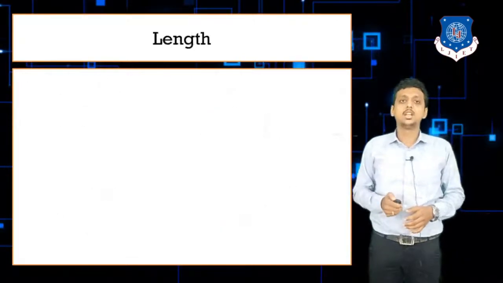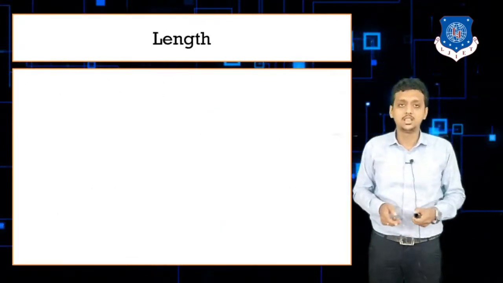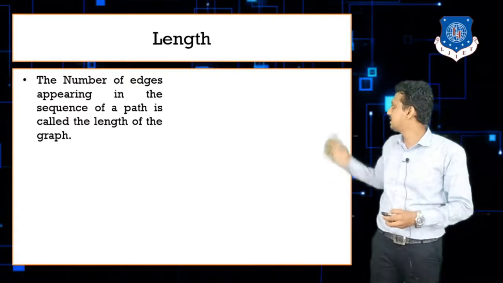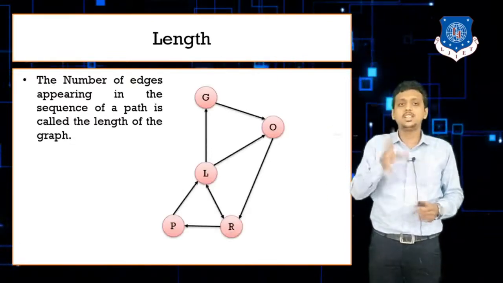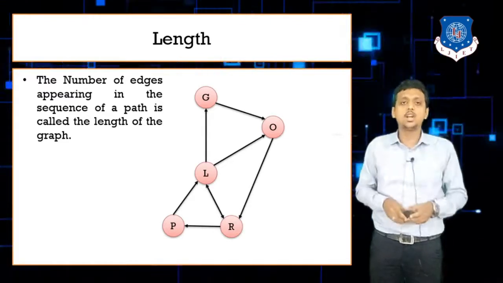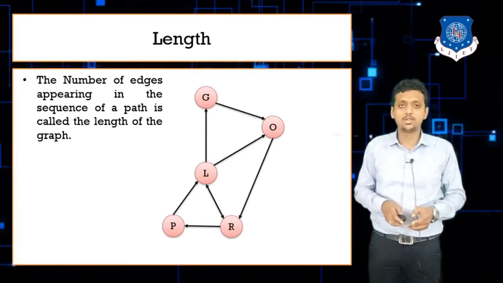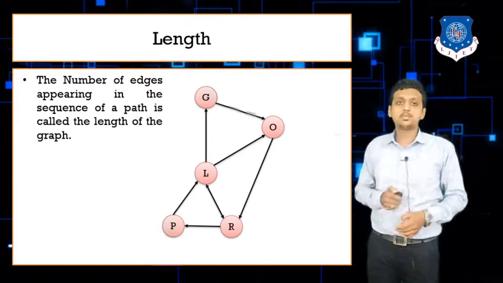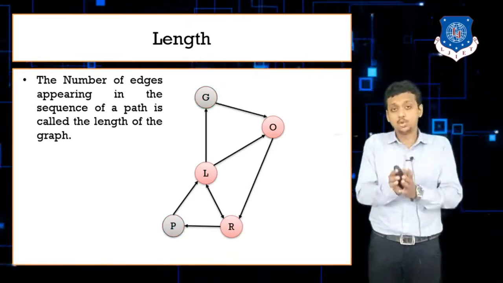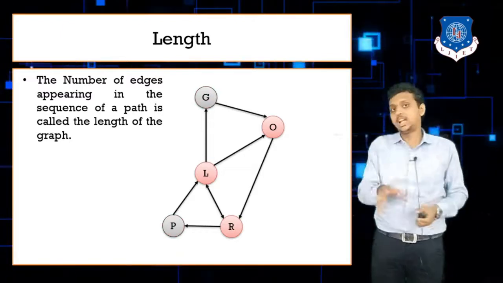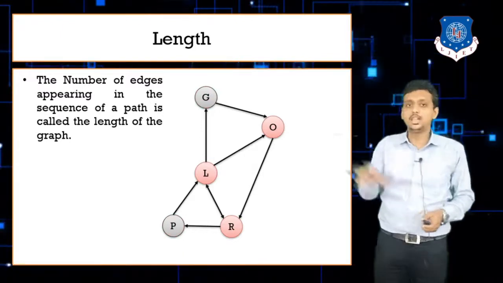Okay. Now next I have length. The next definition is length. The number of edges appearing in the sequence of a path is called the length of the path. So here, suppose students, I want to go from G to P. Now tell me how many nodes are coming in that path.